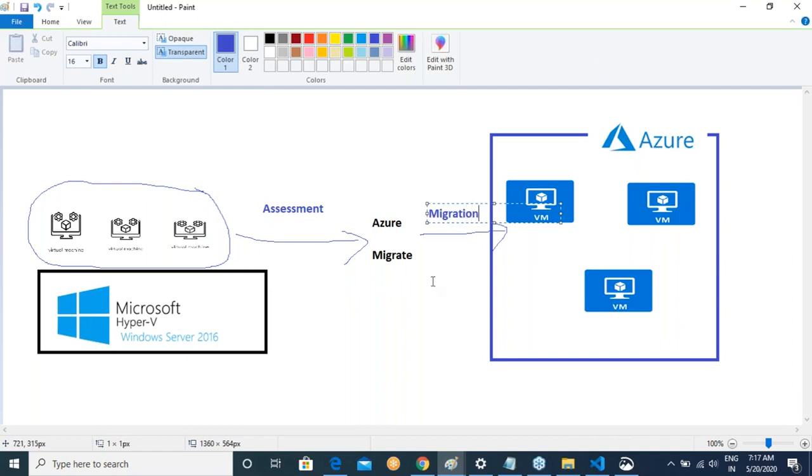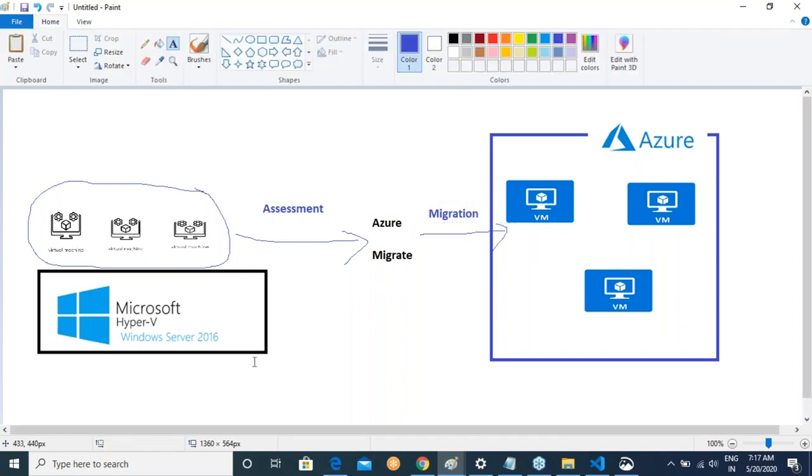Assessment and discovery to be very specific. The only catch is that this Microsoft Hyper-V server can ideally be physical, but since we don't have physical servers, we'll create this Hyper-V Windows server on the Azure cloud itself. Are we clear with this?